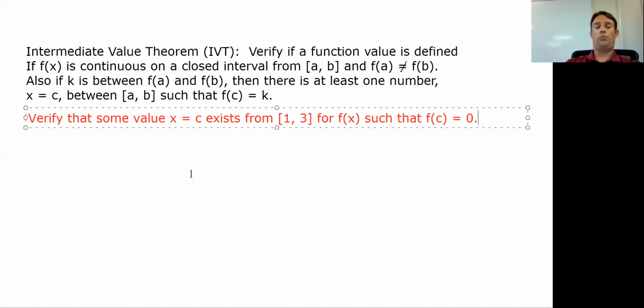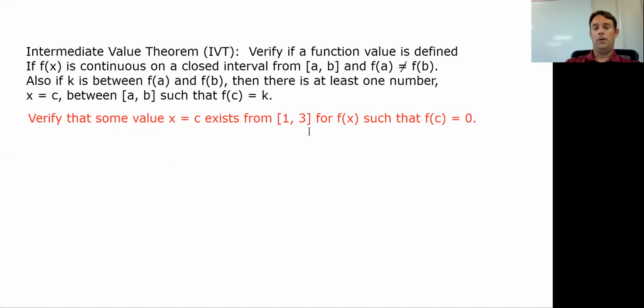In other words, can we prove if it has an x-intercept? So we need to give ourselves some f of x function here. So again, you would be given the f of x function. You wouldn't have to make that up.